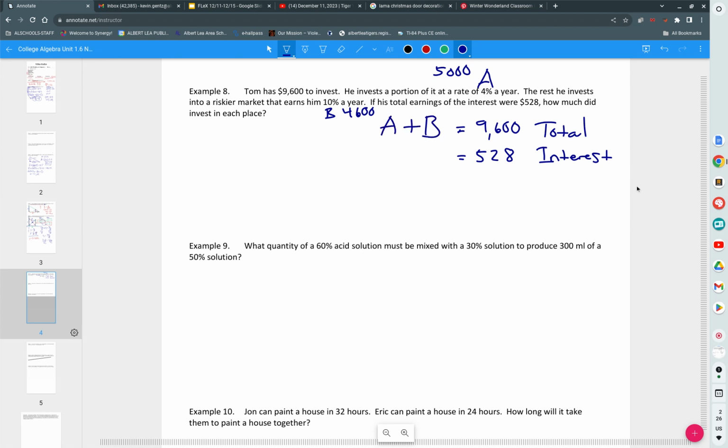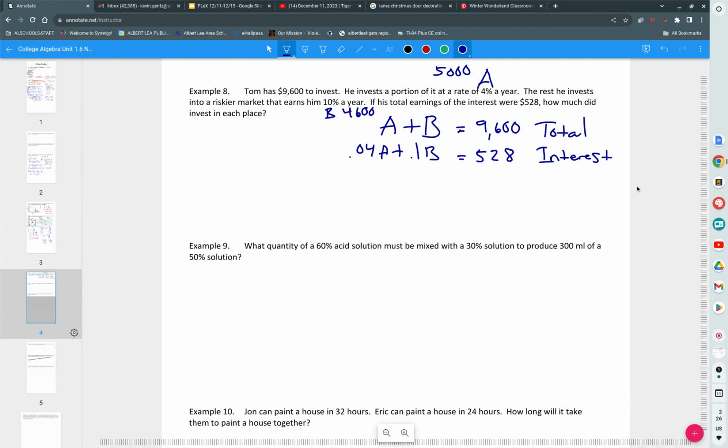Our first equation is very simple. The amounts he invested in each total $9,600. Then we have this factor of what we call interest. He earned 4% interest on A, and he earned 10% interest on B, and that totaled $528.